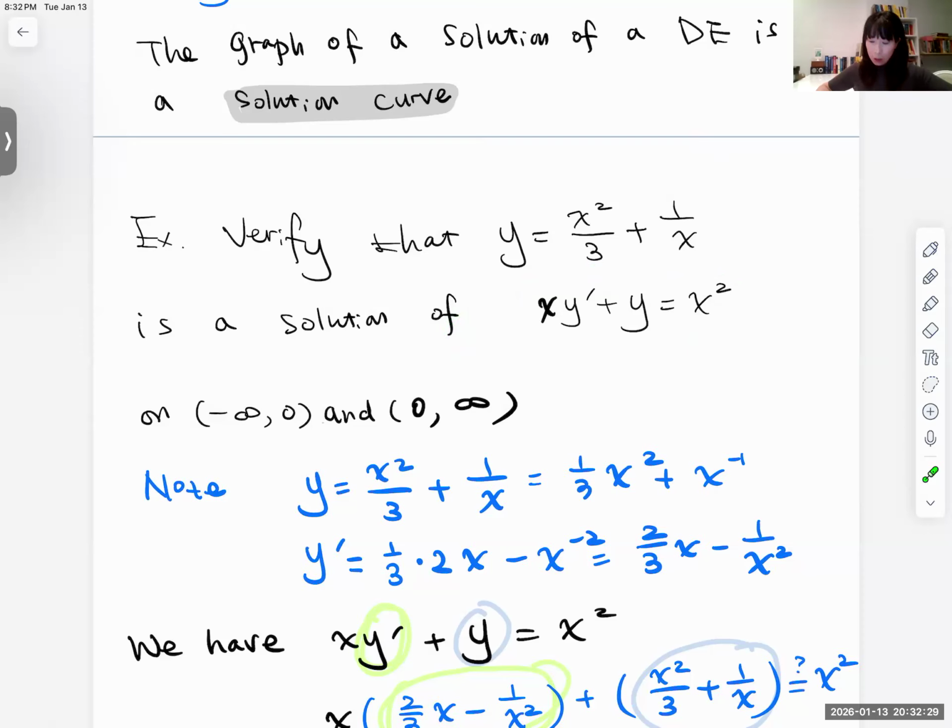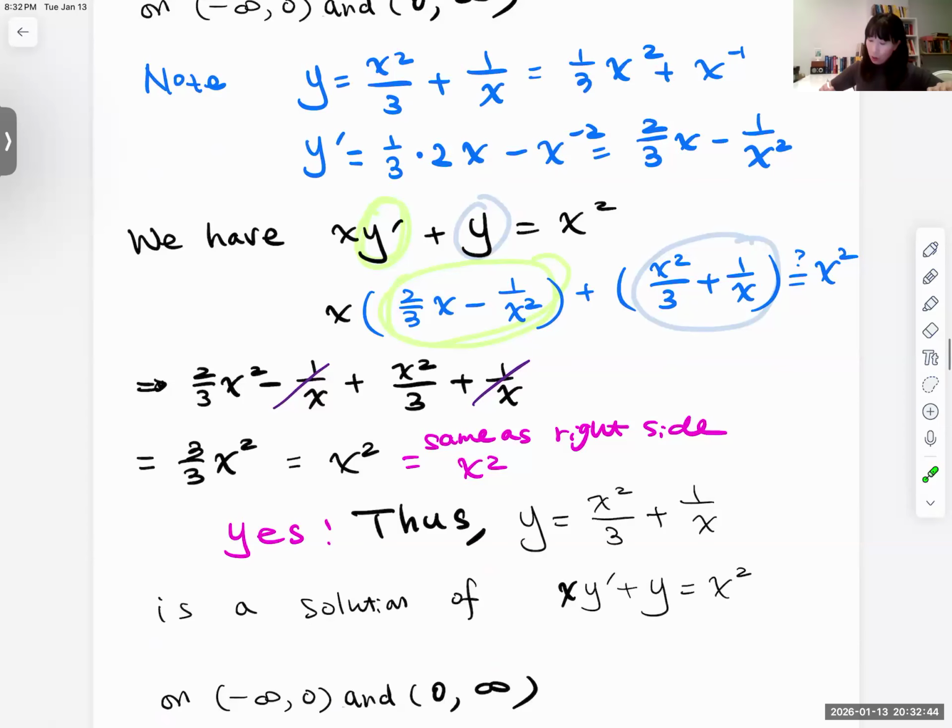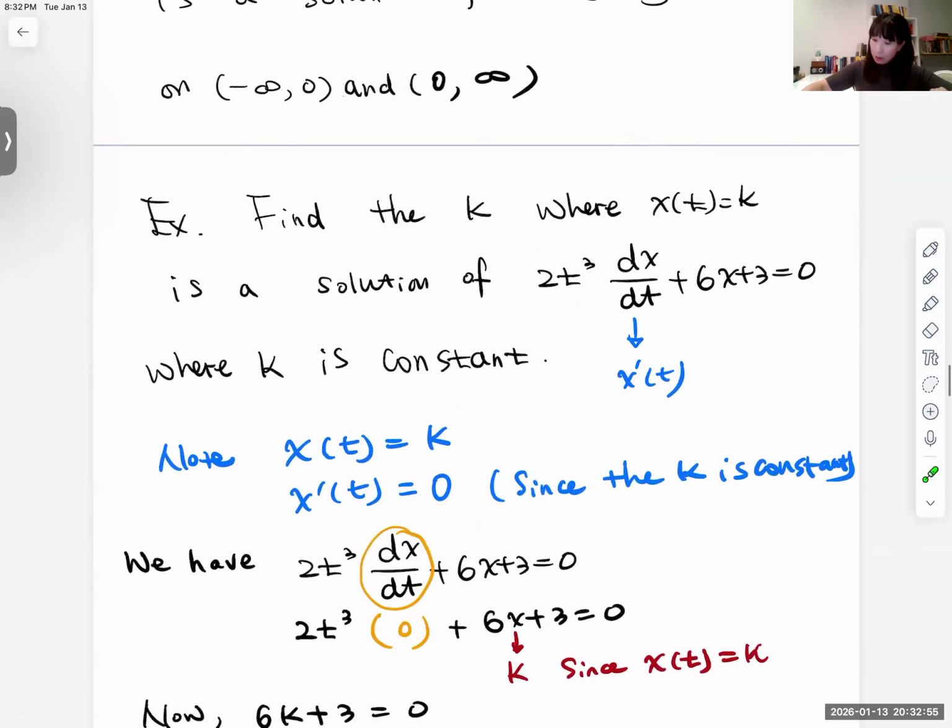So basically we want to find what y is. Is it clear to you? That is a solution because we say that this y is a solution of that differential equation, right?